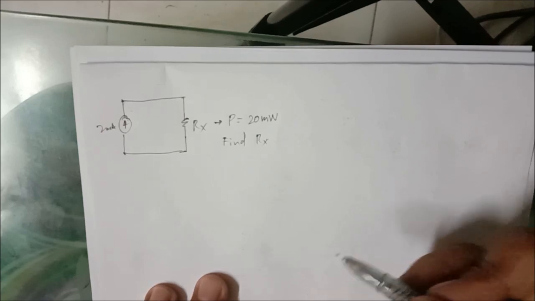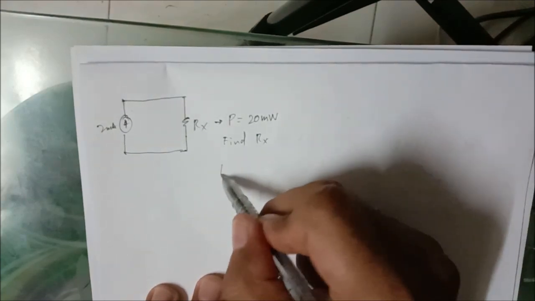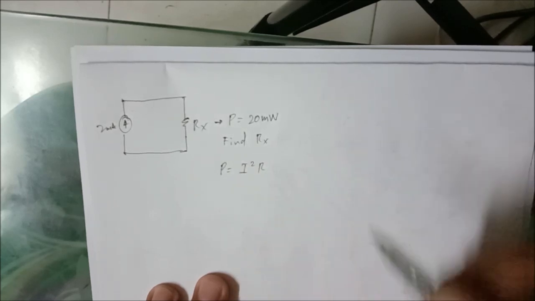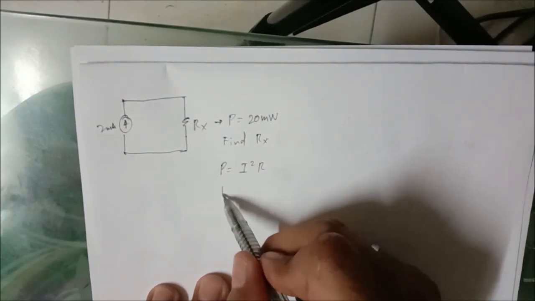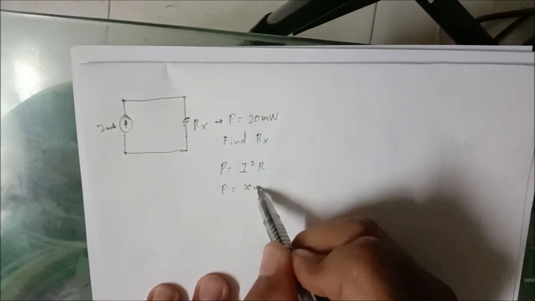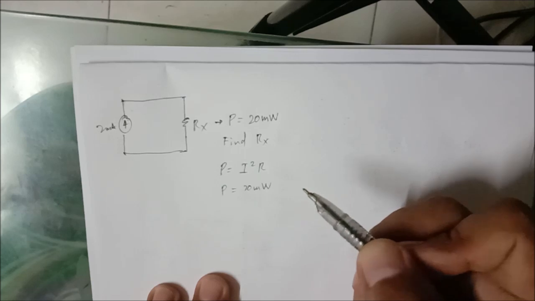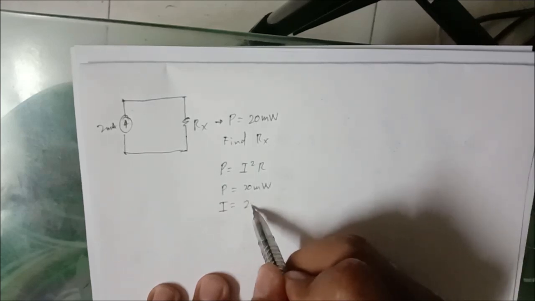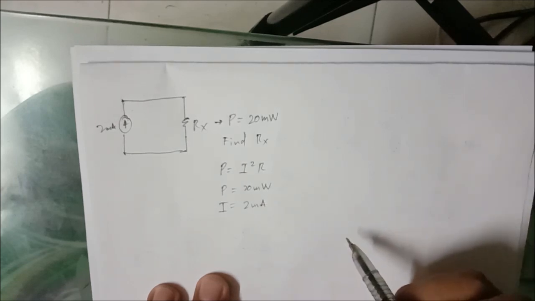Okay? So, since power is equivalent to I squared R. So, power is equivalent to 20 milliwatts and also given I is equal to 2 milliamperes.